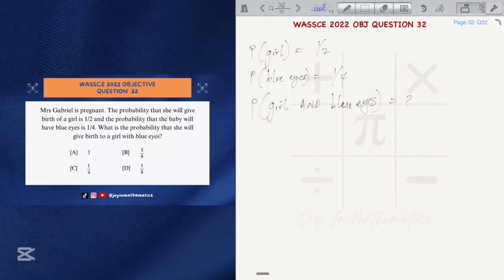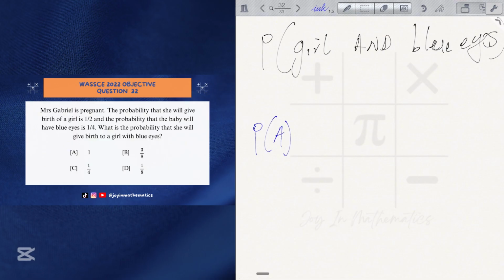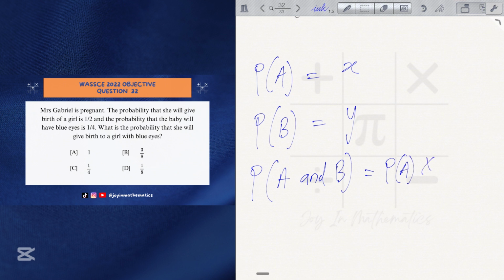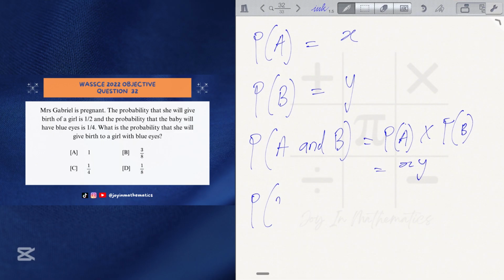If you have the probability of A, where A is an event happening, let's call it X. And if you have the probability of B, another event mutually exclusive of A, let's call it Y. The probability that A and B will happen at the same time is equal to the probability of A multiplied by the probability of B. So we can simply say this is XY. In the same vein, the probability of A or B happening is equal to the probability of A plus the probability of B. So this will be X plus Y.